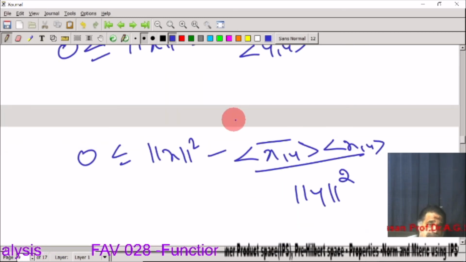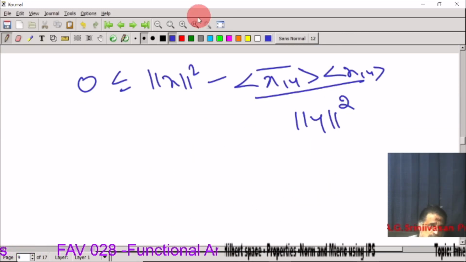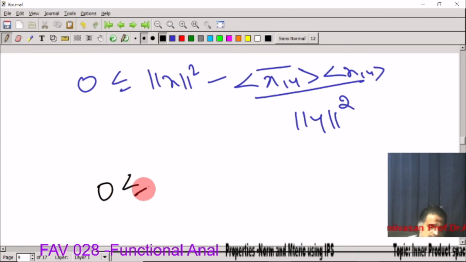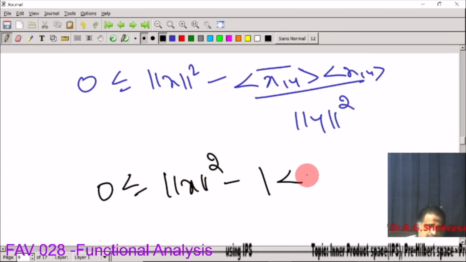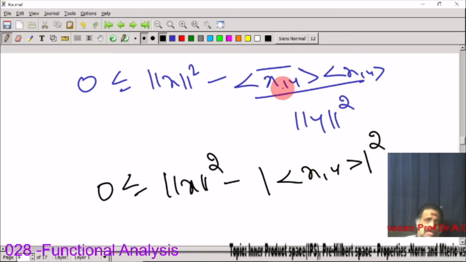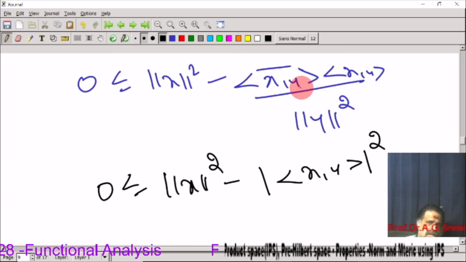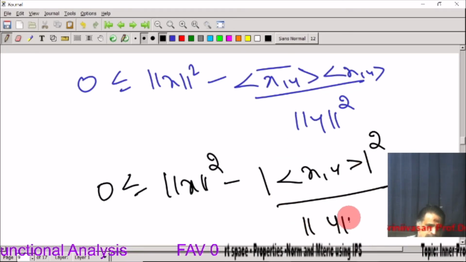And xy times its conjugate is the modulus of inner product xy square, because z times z bar in complex numbers is modulus z square, over norm y square.